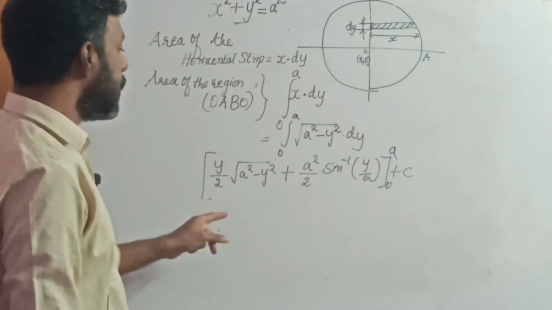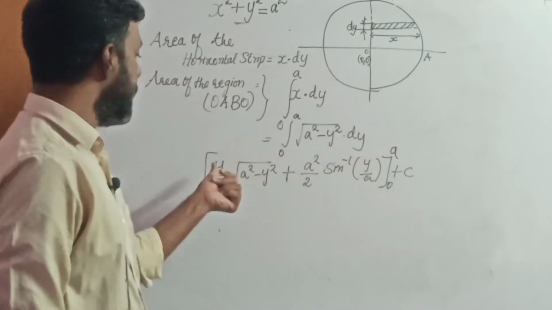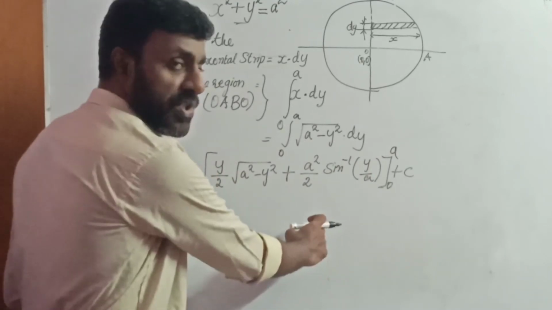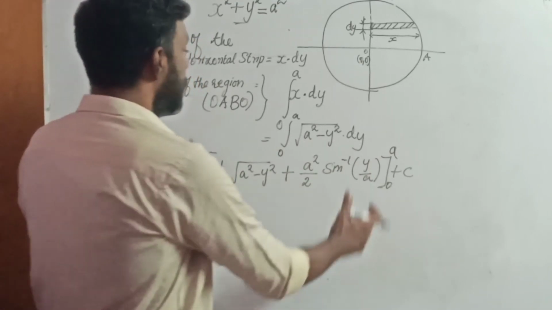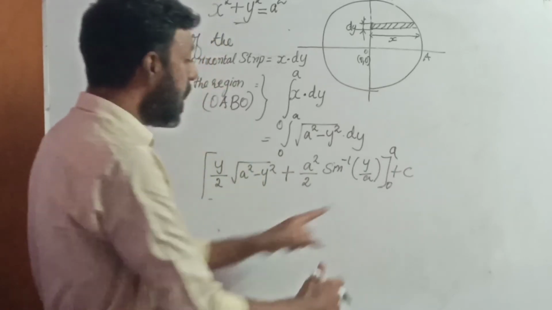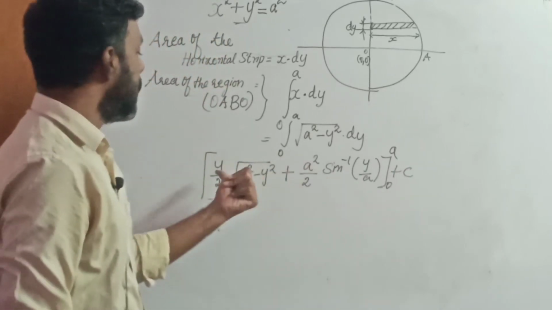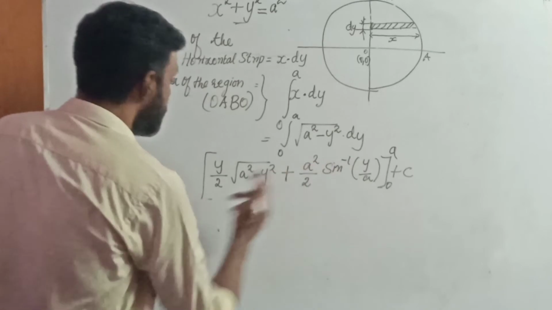Now I'm going to substitute a in terms of y for the first expression, and subtract the other expression where I use 0 in terms of y.